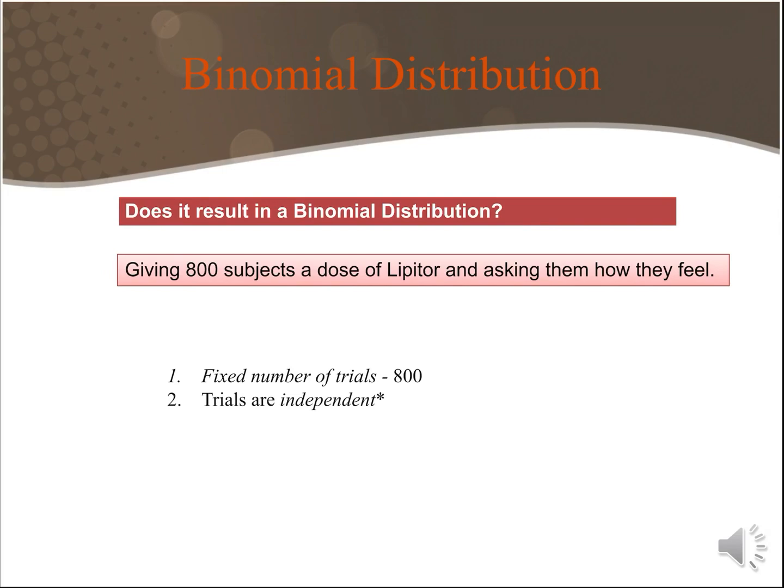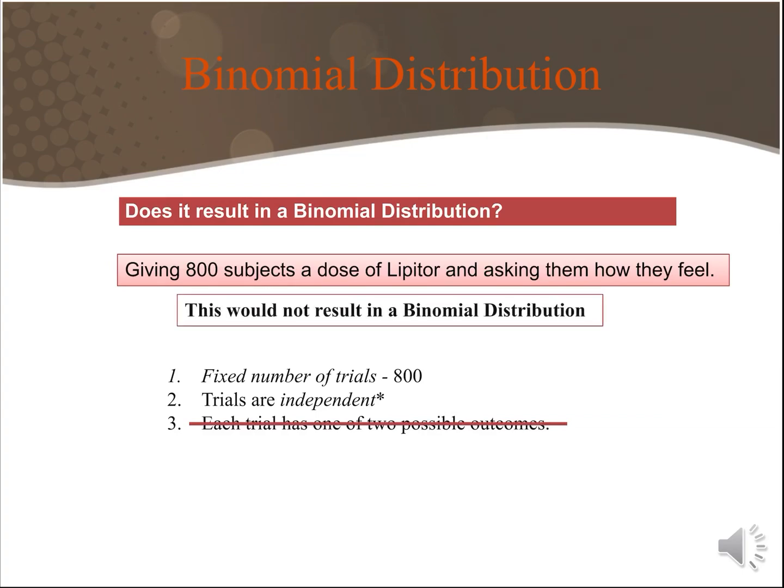Assumedly, how somebody feels is independent of how the next person will feel. Each trial has one of 2 possible outcomes? Well, there are lots of different ways that people might describe how they feel, so this would mean that this is not a binomial distribution. There are far more than 2 possible outcomes.